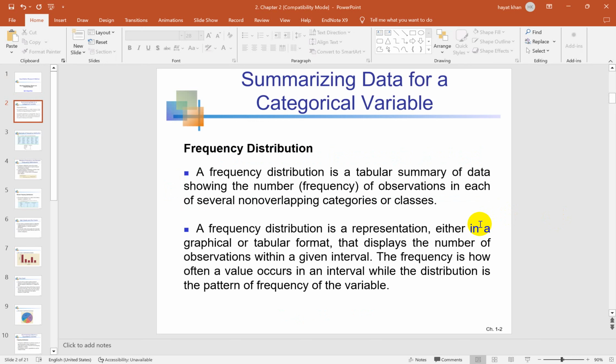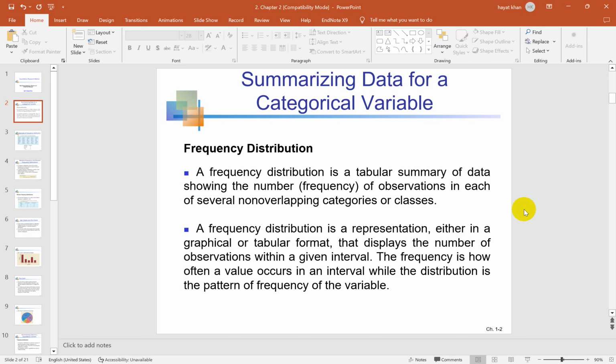Frequency distribution. A frequency distribution is a tabular summary of data showing the number or frequency of observations in each of several non-overlapping categories or classes. A frequency distribution is a representation, either in a graphical or tabular format, that displays the number of observations within a given interval.